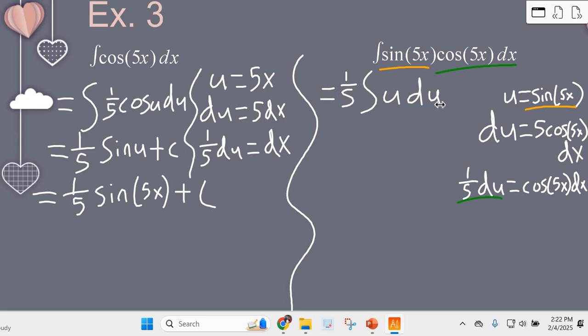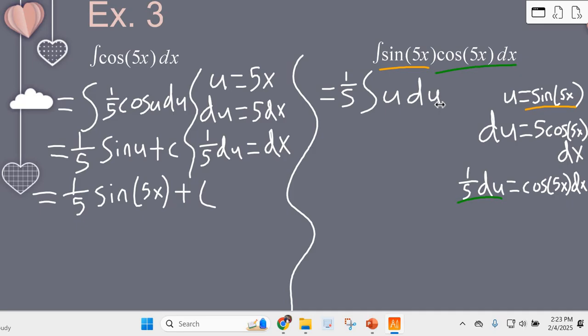So why is the 1/5 on the outside? Because it's a constant, and I can pull it out to the front if I want to. It would be the same thing if I put 1/5 on the inside. Other questions?